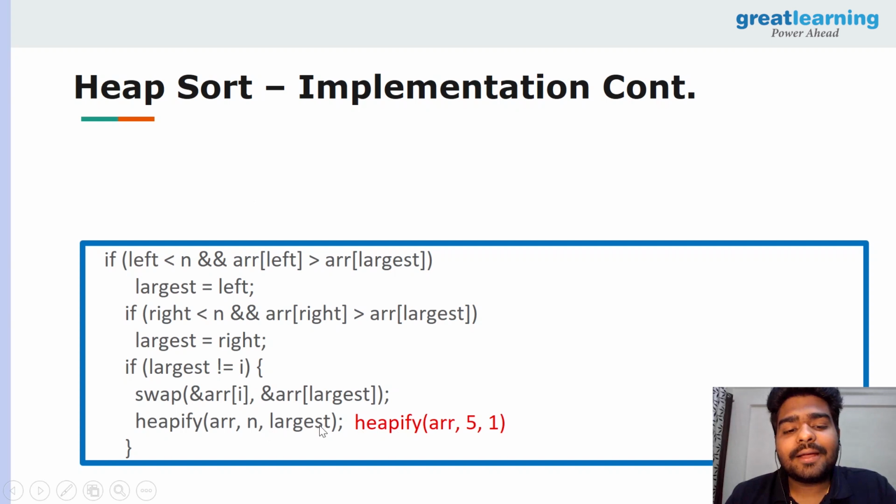It will again take the largest as 1 and check whether the left and right child are there or not. Again it will check the if conditions, and there it will find that 7 and 8 were not sorted. It will sort them, and then again it will bring up the perfect max heap.